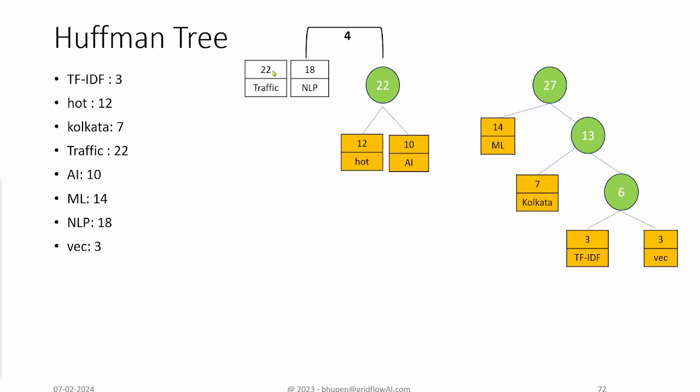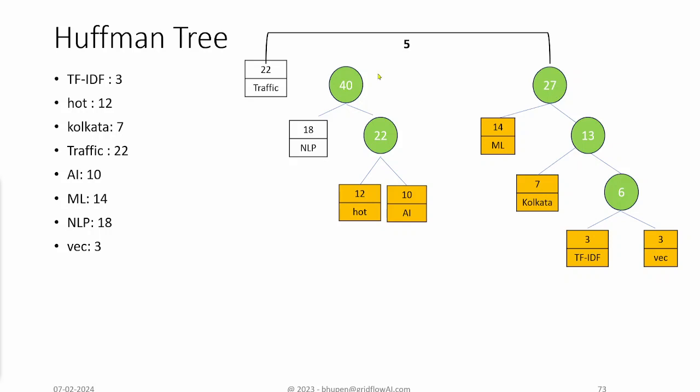Again, we repeat: find the pair of words which are least in frequency. If you look at 22, 18, 22, 27, 13, in this layer you have 18 and 22 being the least. There are two 22s here, so you can arbitrarily take any one of the two. That becomes 40.